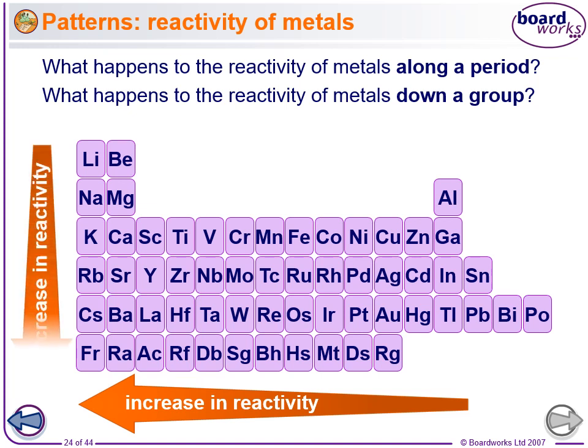Ano nga ba ang nangyayari? So, the reactivity of metals from top to bottom is increasing in reactivity. So, from top to bottom, the reactivity of metals is increasing, and from right going to the left side of our periodic table, it is also increasing in reactivity. Okay. Maliwanag ba yan, class? Let us continue.